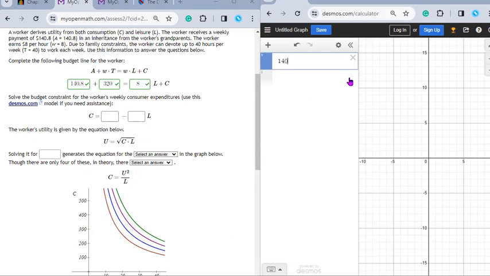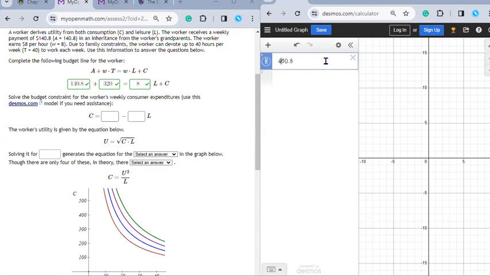So I got 140.8 plus 320, which is 460.8, right? And so that is the sum of these two, right? And that equals my 8 times leisure plus consumption, right? So all I have to do now is flip these sides real quick.